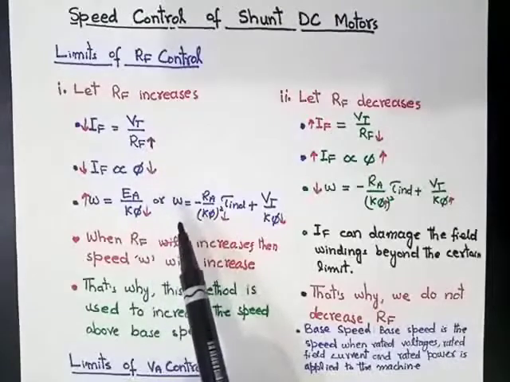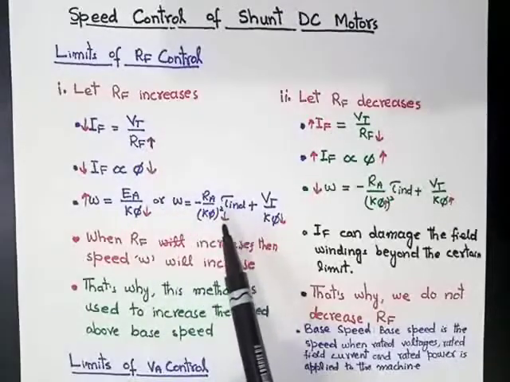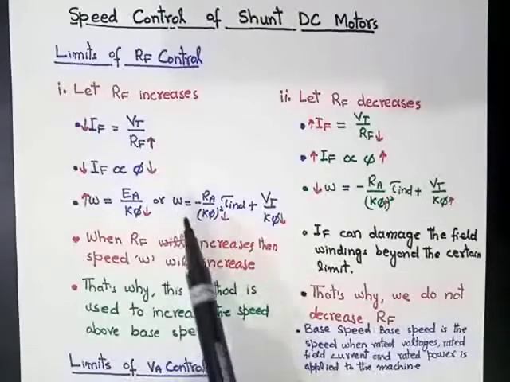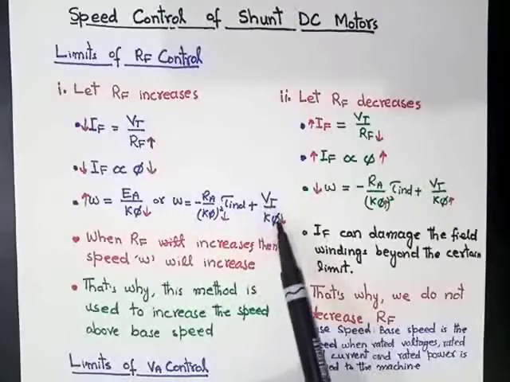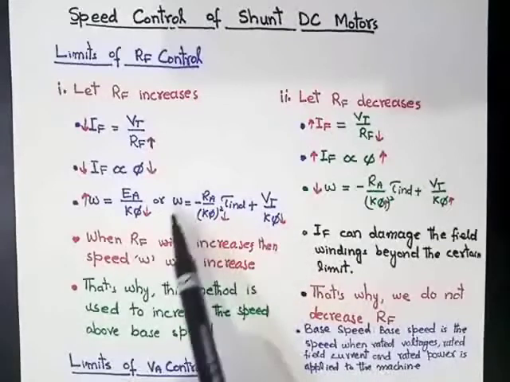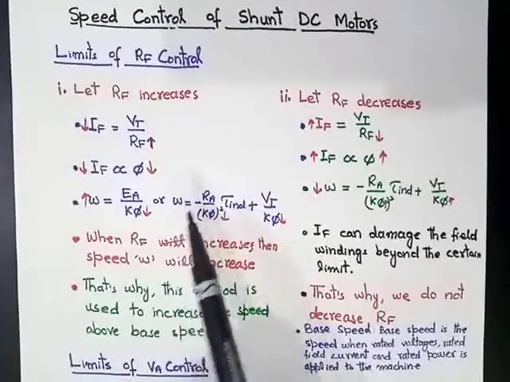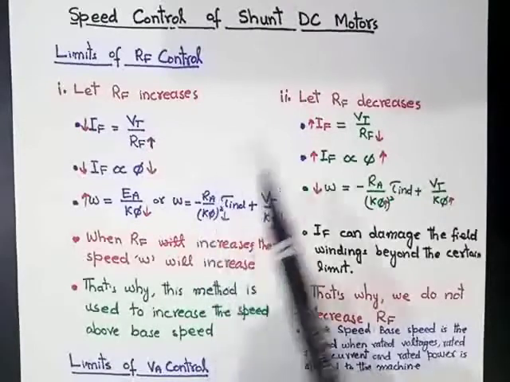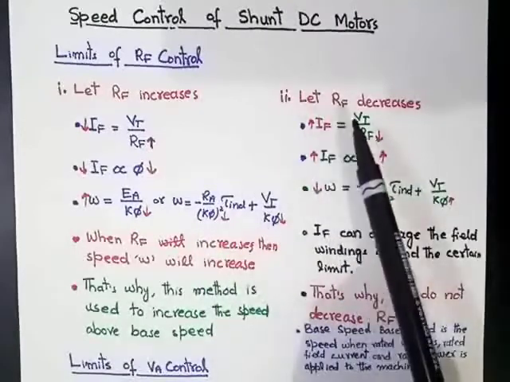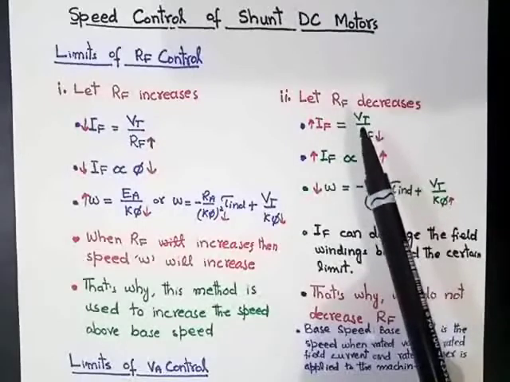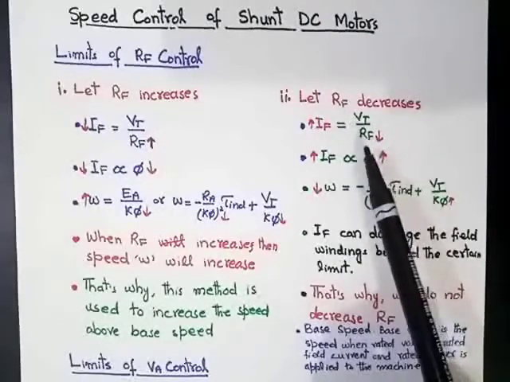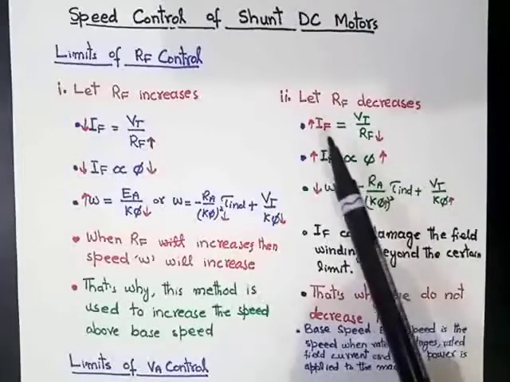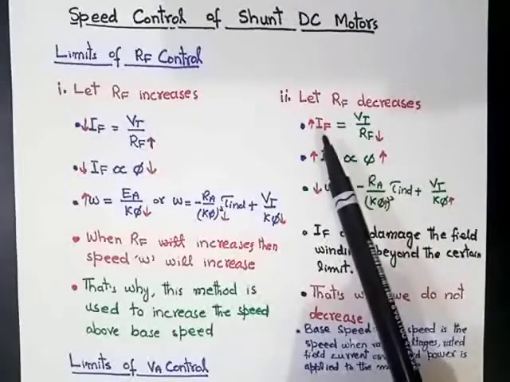As per the equation of the DC shunt motor, the relationship between flux and omega is inverse. When the flux decreases, the speed of the DC shunt motor will increase. Similarly, when the value of RF decreases, according to Ohm's law, the current IF will increase.